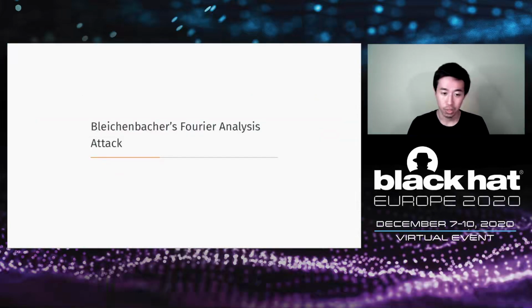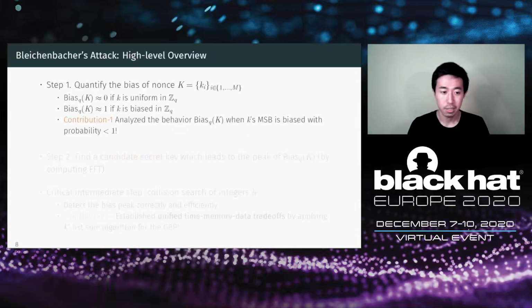Now I'm going to give you a technical overview of Bleichenbacher's Fourier analysis-based attack. The attack consists of 2 phases. The first phase is to quantify the bias of nonce k. Here we define some bias function such that it outputs something close to 0 if the nonce k is uniform in the integers modulo the group order.